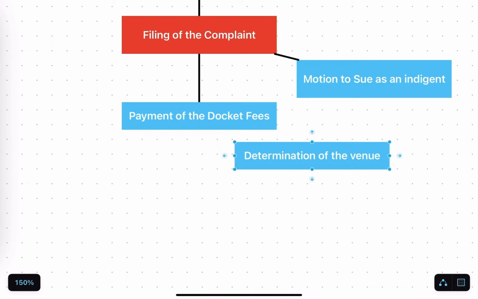And of course, for civil procedure, for civil cases, what we have to remember is that for claims, according to the latest amendments, for civil actions, for civil cases, you file it with the RTC if the claim is incapable of pecuniary estimation. And of course, for the venue where the residence of the party is.